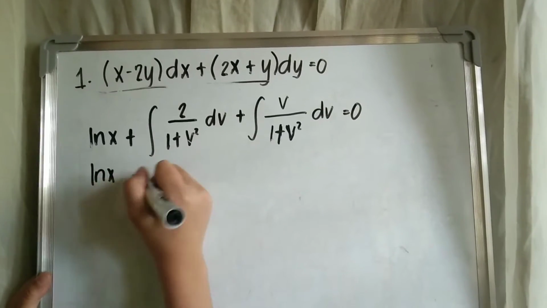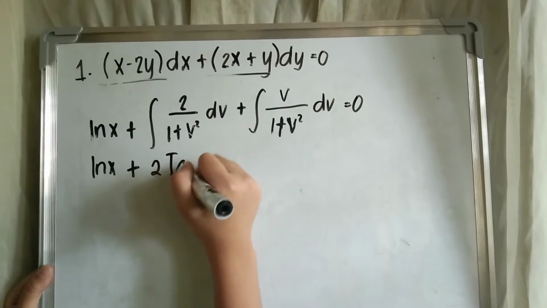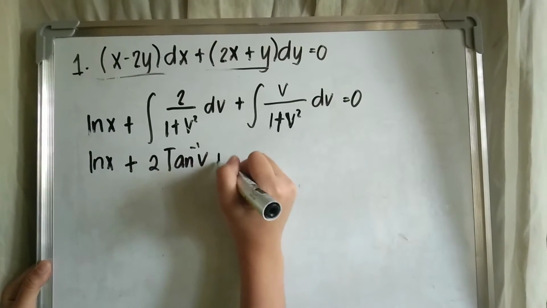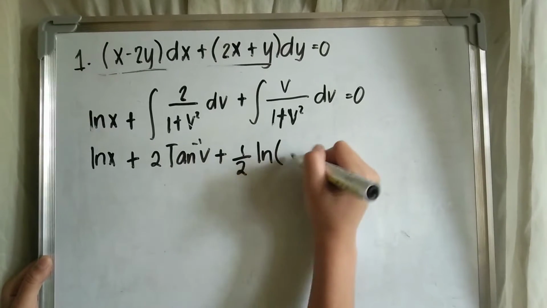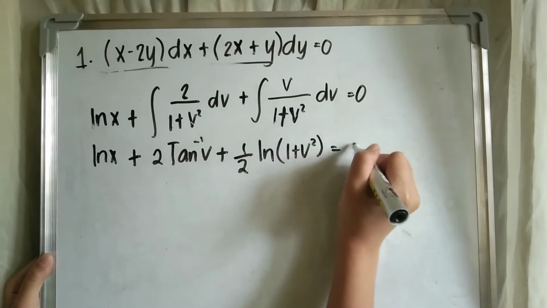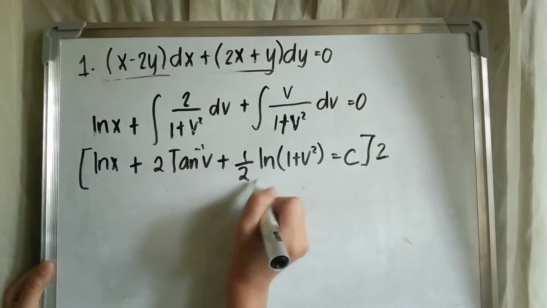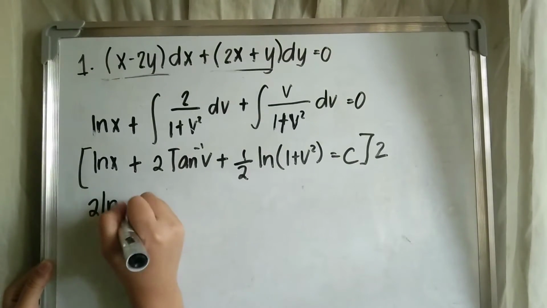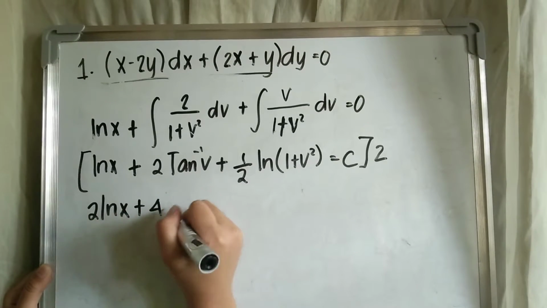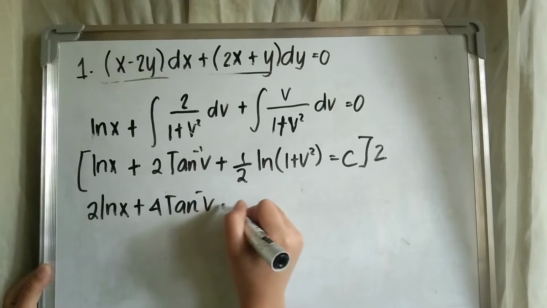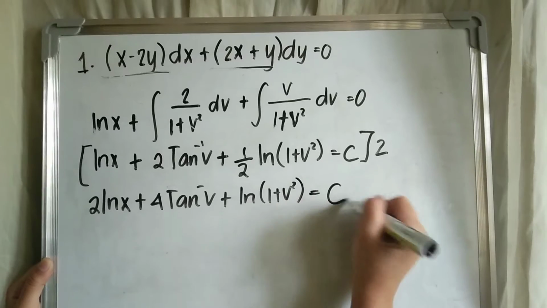So copy ln x plus, and the integral of 2 over 1 plus v squared equals 2 arctan of v plus the integral of v over 1 plus v squared, which is 1/2 ln of (1 plus v squared), equals c. So multiply both sides by 2 to get rid of this 1/2. So this will become 2 ln x plus 4 arctan of v plus ln(1 plus v squared) equals c.